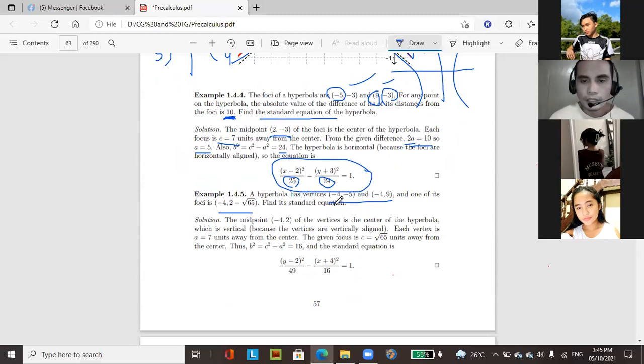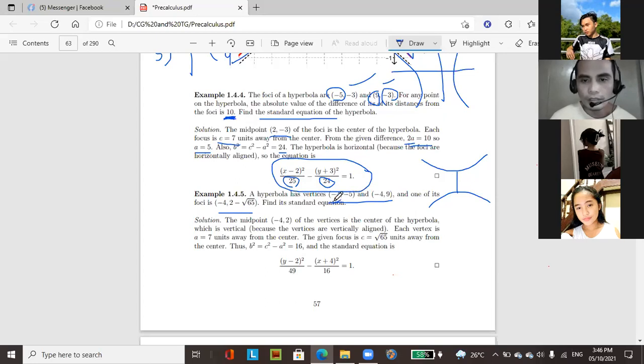Class, from the given vertices, the hyperbola is either horizontal or vertical. Here the transverse axis is vertical, and we are also given -4.